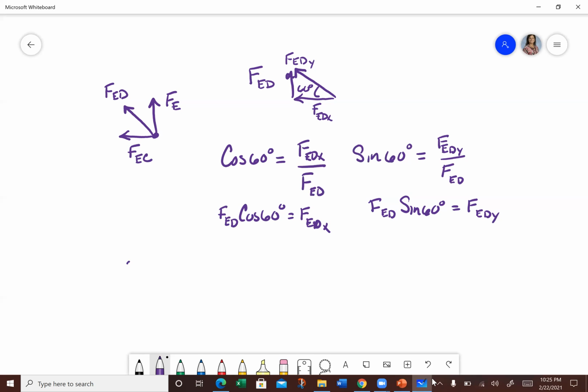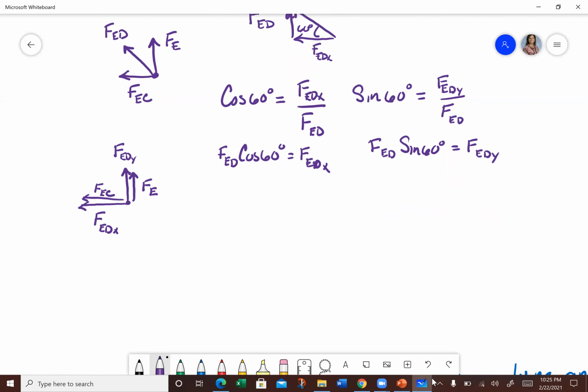So our true free body diagram, which we now recognize will end up with negative numbers, has FEDY, FE, FEDX, and FEC.